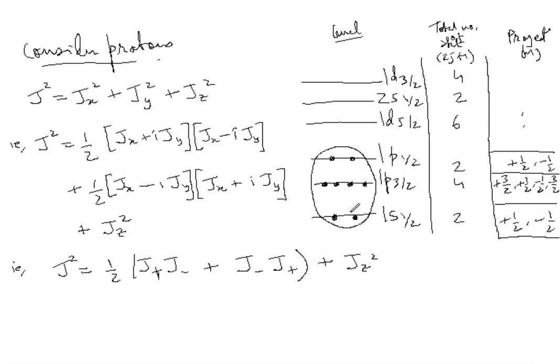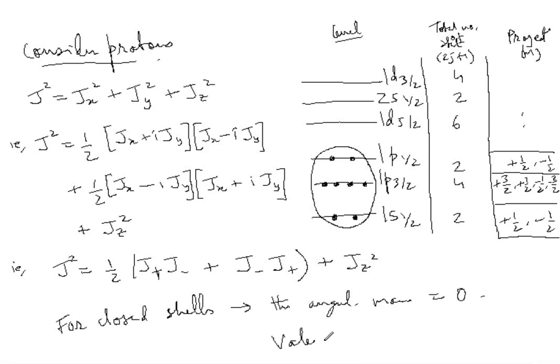Also, this jz square acting on a state never changes its m value. Thus, what we can say is that for closed shells, the angular momentum is 0 and only the valency shell is to be considered.